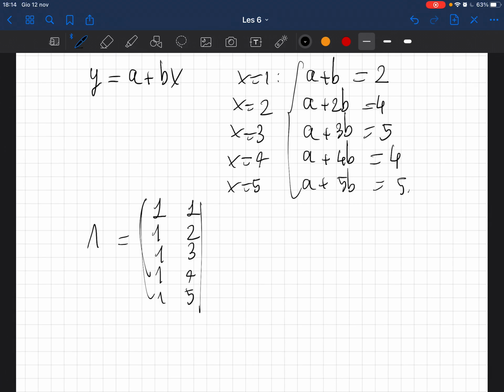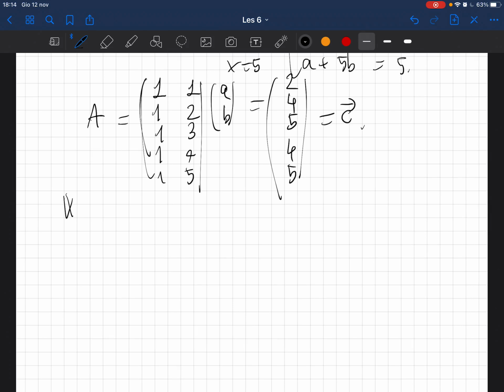This is your matrix A, then you have the unknowns you want to find, and then you have 2, 4, 5, 4, 5, which is the C vector. So we want to solve this equal to that.